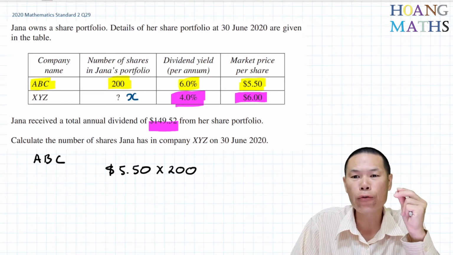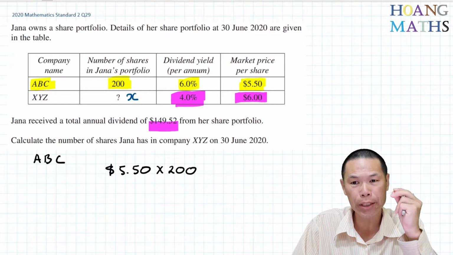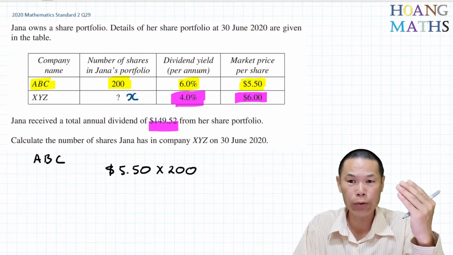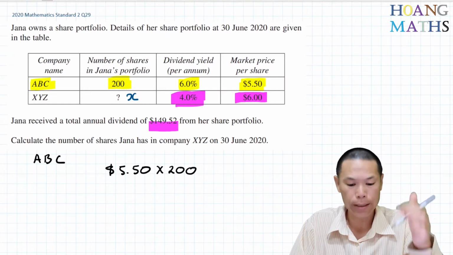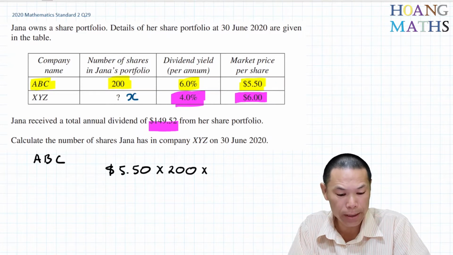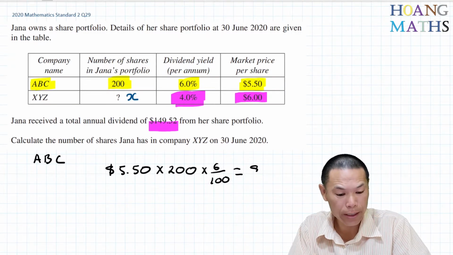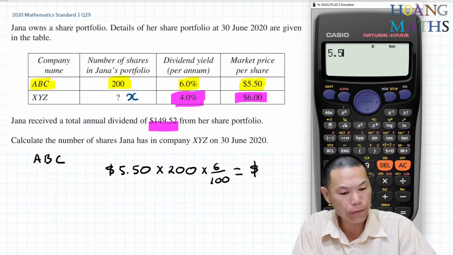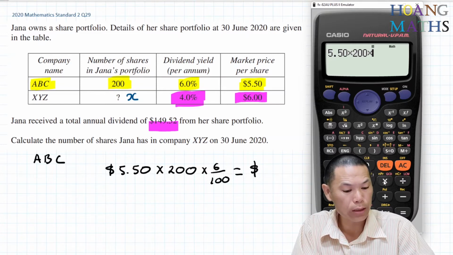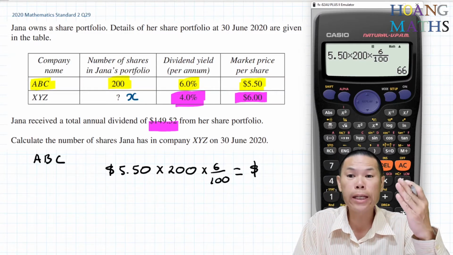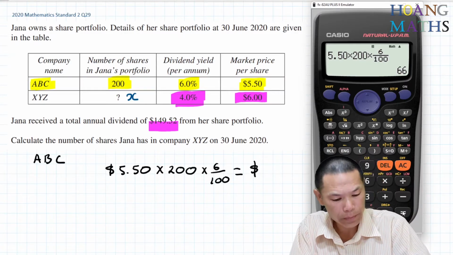That is the total value that Jenna has in company ABC, and she gets a return of 6%, so we just times by 6%. There you go, this is her dividend. So $5.50 times 200 shares and then 6% of that is $66.